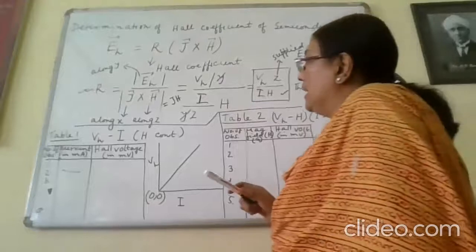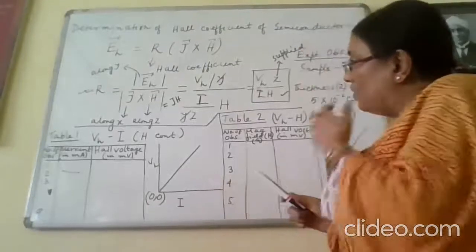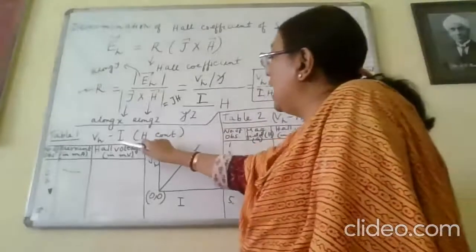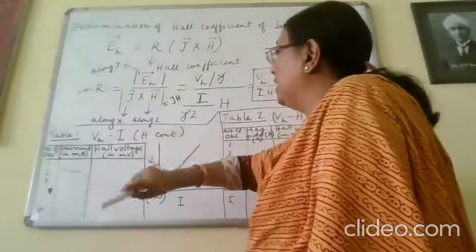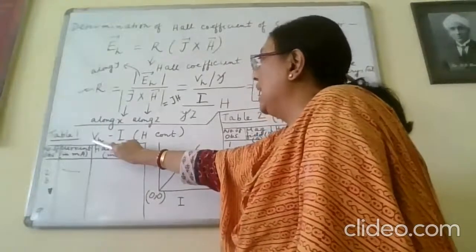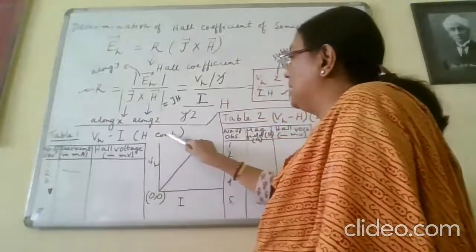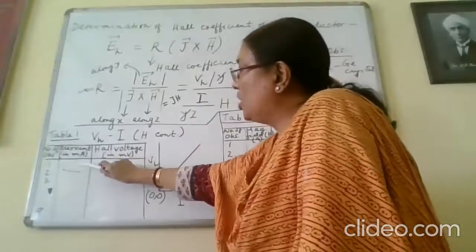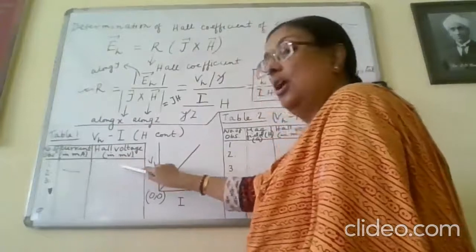Now look at the tables. The first table, table 1, what will we measure here? We will vary I, the current passing through the semiconductor. Accordingly, we will get the Hall voltage, and here we will keep the magnetic field constant. So this table shows the variation of current versus Hall voltage.